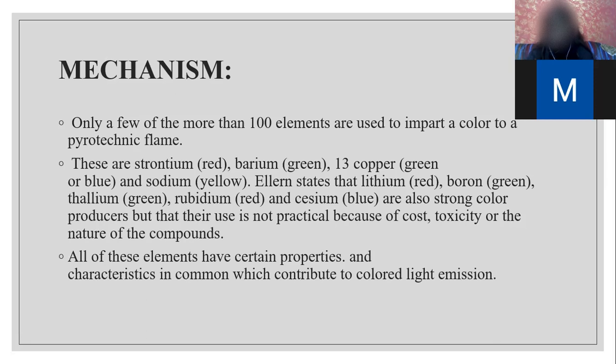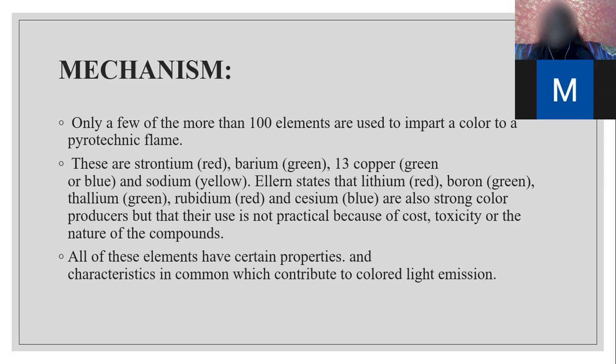Allen, a scientist, states that lithium red, boron green, rubidium red, and cesium blue are also strong color producers, but that their use is not practical because of the cost, toxicity, or the nature of the compounds.